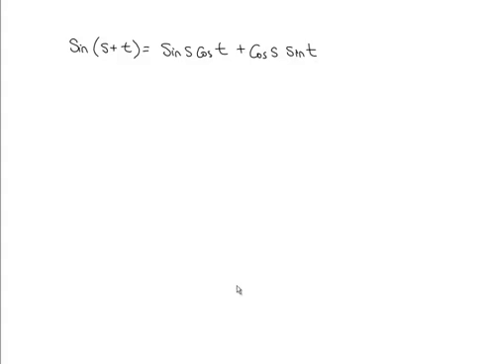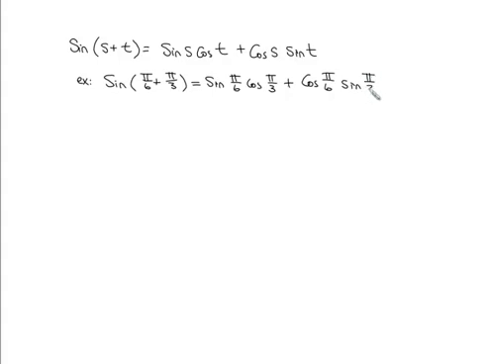So let's look at a quick example to see how that works numerically. Typically we'll use this with unit circle values. For example, maybe we have sine of pi over 6 plus pi over 3. We want to know what that's equal to. We can expand this out by taking the sine of the first angle times the cosine of the second angle plus the cosine of the first angle times the sine of the second angle.